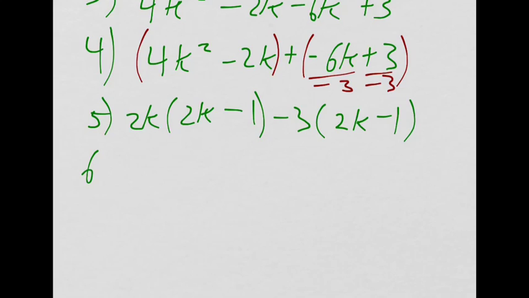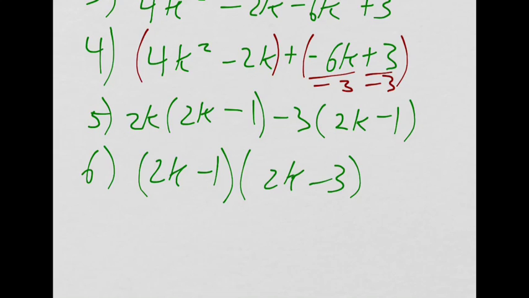Somebody give me one of my factors. 2k minus 1. And somebody else, the other one? 2k minus 3. Good. The coefficients, right? That comes from here. So 2k minus 1 is my one factor. 2k minus 3 is my other factor.